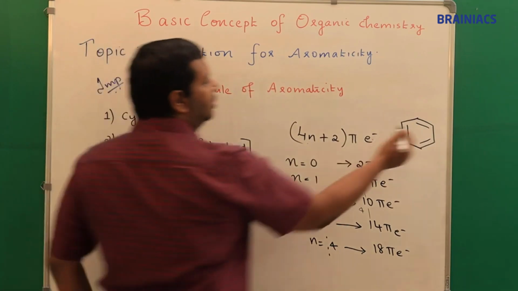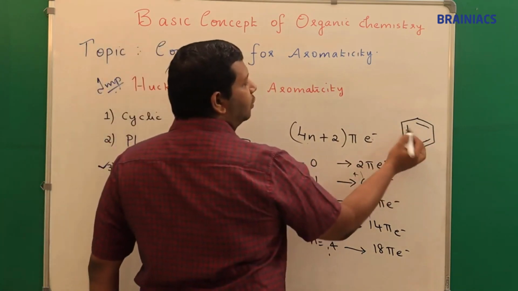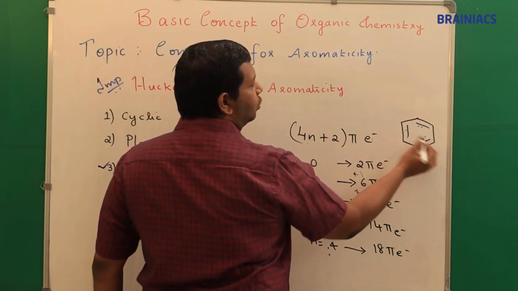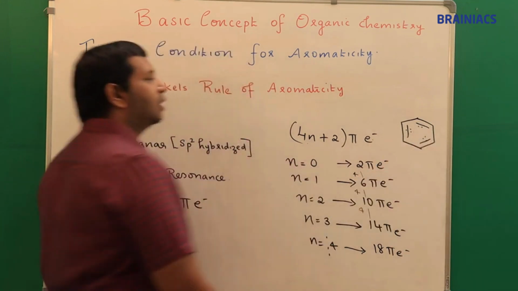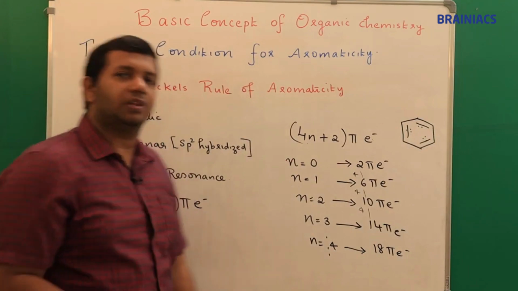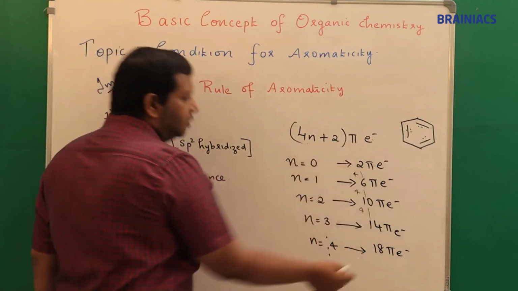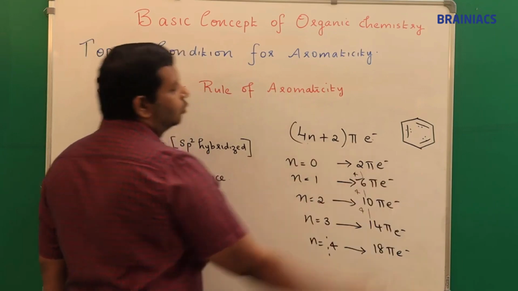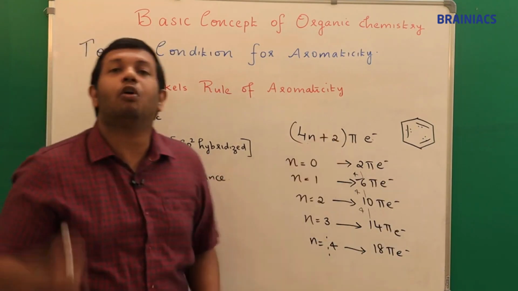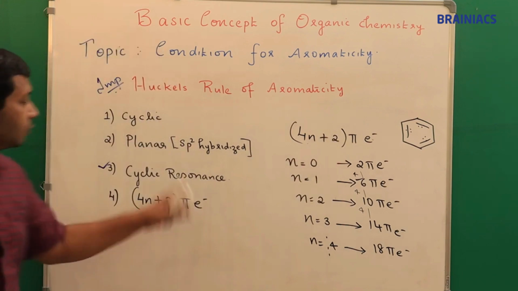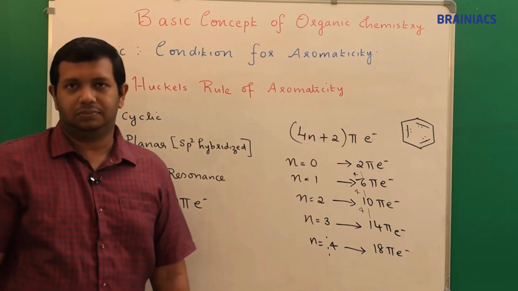Here I know that this will enter into resonance, this will enter, this will enter. So here 2 electrons, here 2, here 2. So totally how many pi electrons are there? 6 pi electrons are there. Just take that number 6 and check whether it is coming in any of these. I know that 6 is coming here. Super. So that means this is following Huckel's 4n plus 2 pi electron rule.